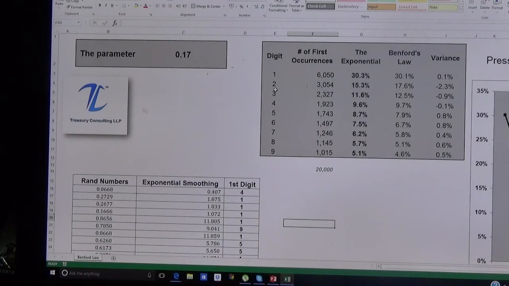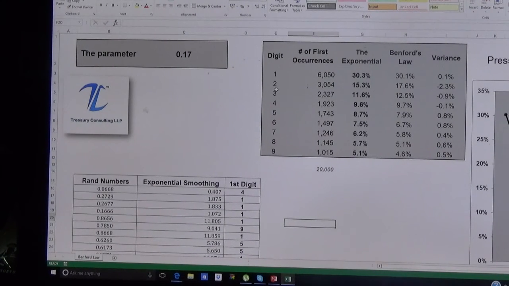So what we did: since we are not authorized to present any data of any third party, we asked the computer to give us 20,000 numbers. The computer said we are going to use a formula known as RAND. I said, make me understand what you mean by RAND.